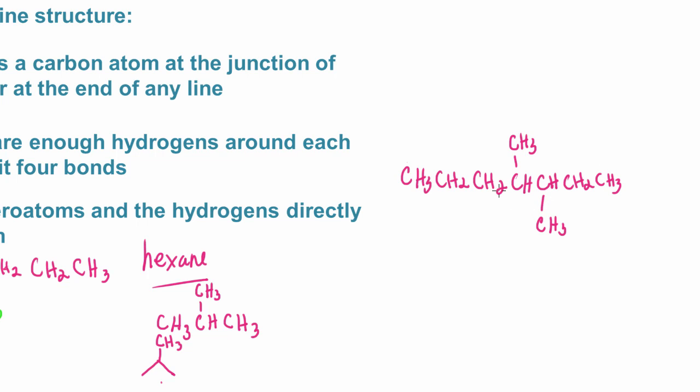Okay, so let's go ahead and draw the line structure for this. Again, let's start with this main chain of 1, 2, 3, 4, 5, 6, 7 carbons.